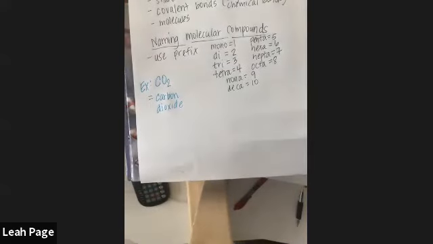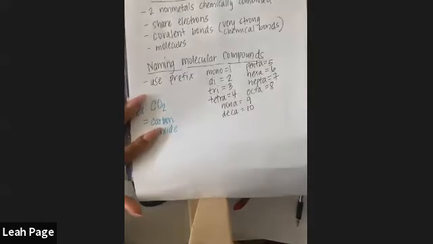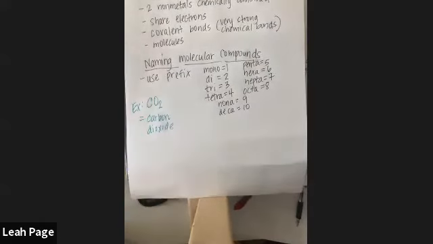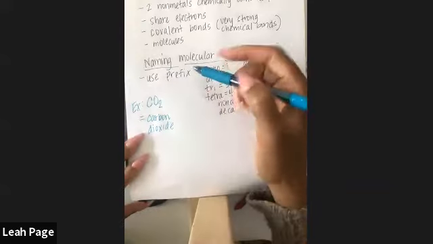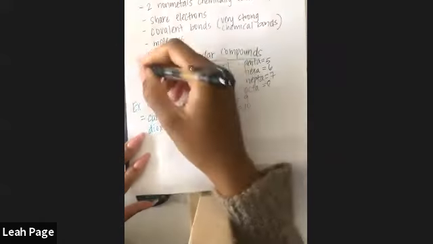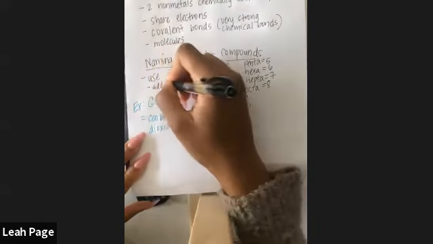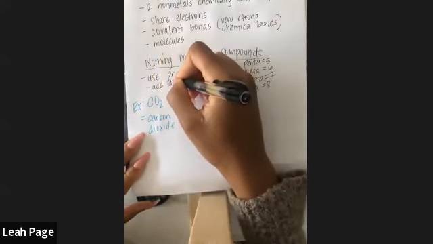And the way we name this, we first have to recognize that carbon's a nonmetal and oxygen's a nonmetal. So we have to say, okay, I have two nonmetals. And anytime I have two nonmetals, that means it's a molecular compound. So all I have to do is use the prefixes and then add IDE to the end.